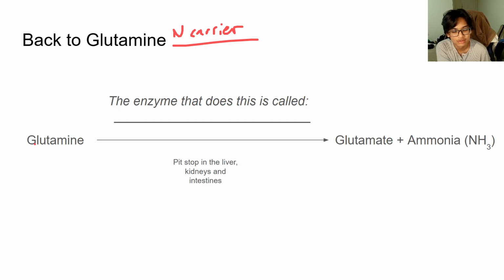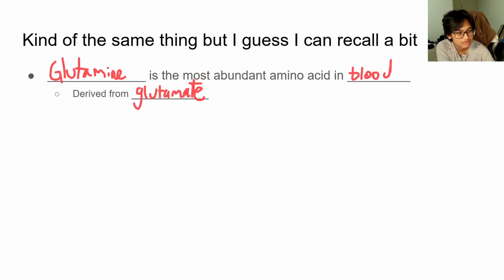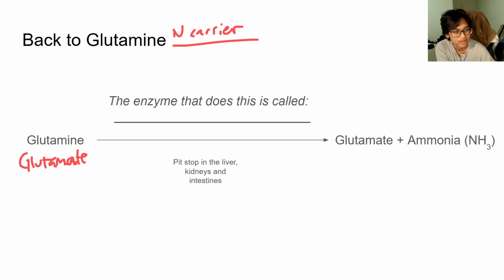And the way that glutamine gets there, I'm getting really tired, guys. I'm sorry. Glutamine's derived from glutamate, right? We said that before. Somewhere. Yep. Okay. So we go from glutamate and whoop, we end up with glutamate and ammonia.